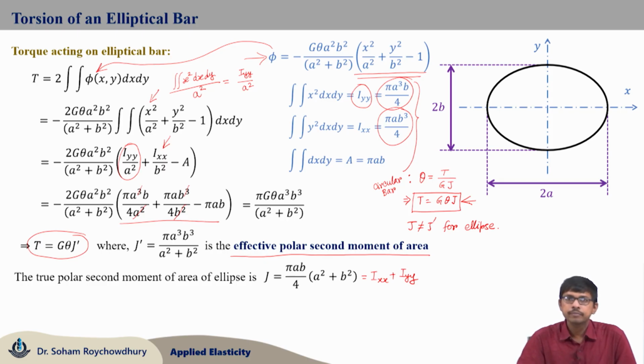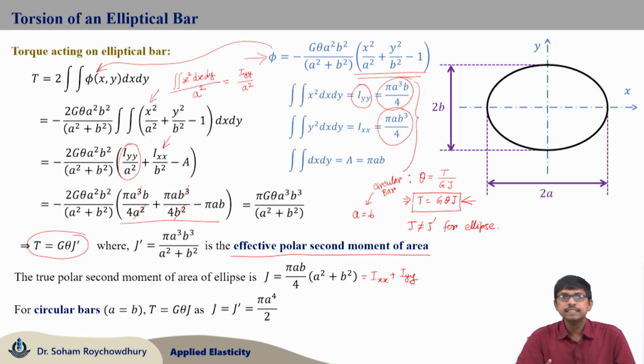How can we verify? For the circle, we must have a equals b. If you impose a equals b, both J and J prime would come out to be the same as pi a to the power 4 by 2. Imposing a equals b in this equation of J, and also in this equation of J prime, you will get both J and J prime as pi a to the power 4 by 2, and thus for the circular bar T is G theta J, which equals G theta J prime.